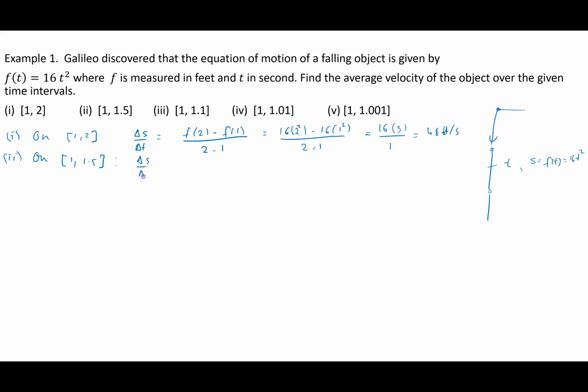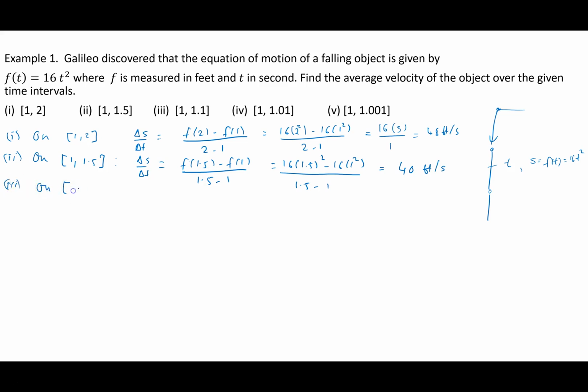So delta s over delta t is f of 1.5 minus f of 1 over 1.5 minus 1. That's 16 times 1.5 square minus 16 times 1 square over 1.5 minus 1. If you use your calculator and compute this, you should get 40 feet per second. So that's the average velocity over the time interval 1, 1.5.